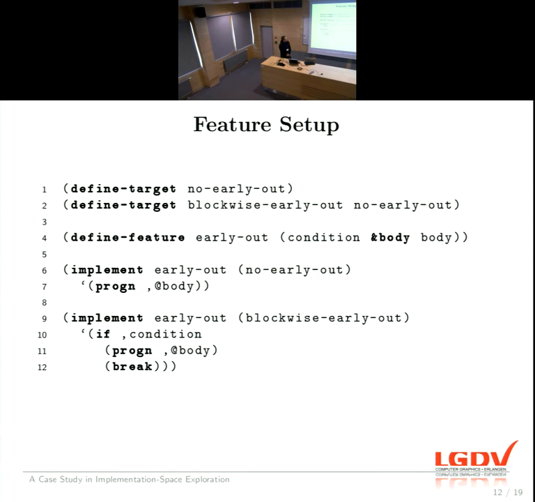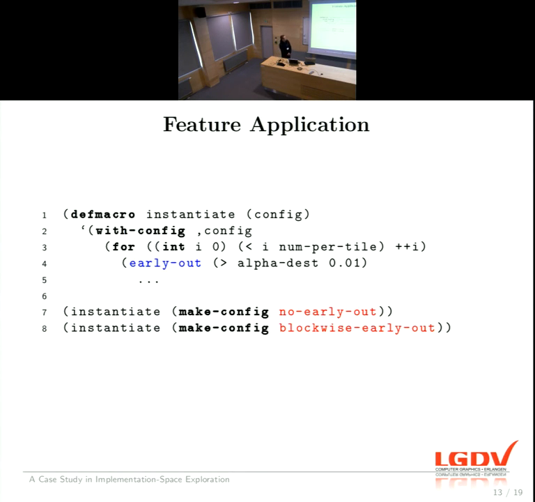It's essentially the same as the macro previously shown, but in this implementation we don't need the boilerplate code for the condition in the beginning. So we simply define the targets, then we define the feature, and then we implement every single instance of the feature for every target.